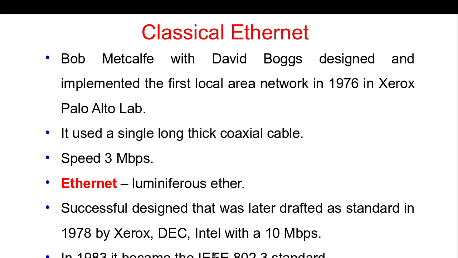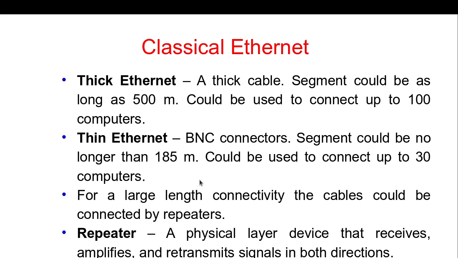So this is the name. Ethernet refers to the same technology, and IEEE 802.3 is a standard that defines what that Ethernet is. So there is a subtle difference, but most of the time Ethernet and IEEE 802.3 are used interchangeably.